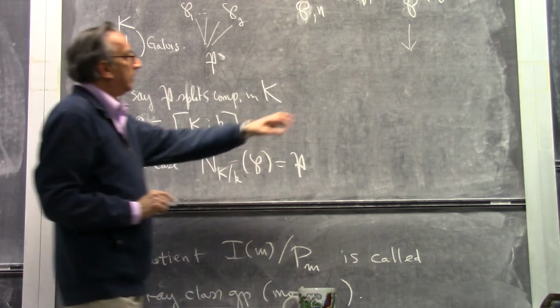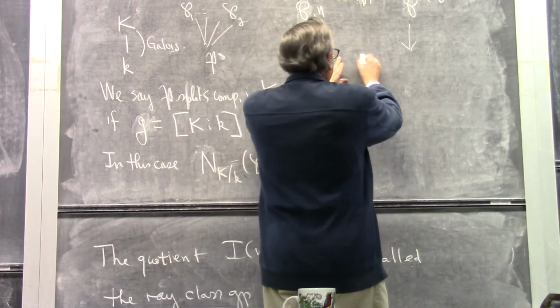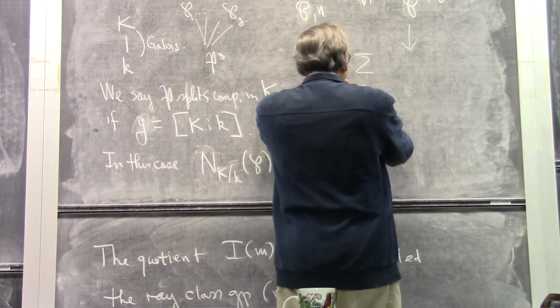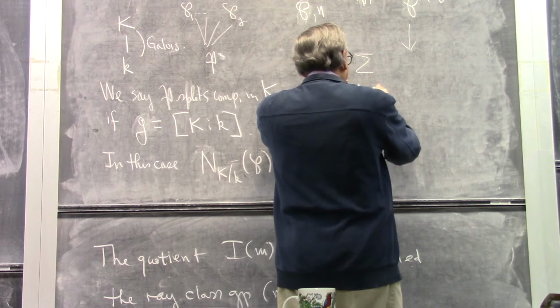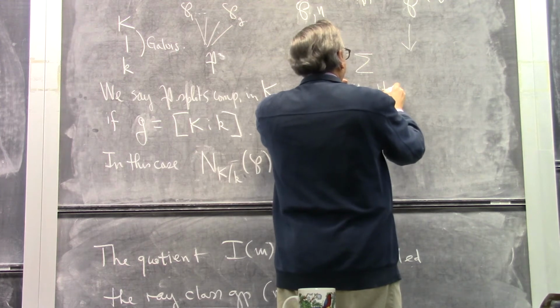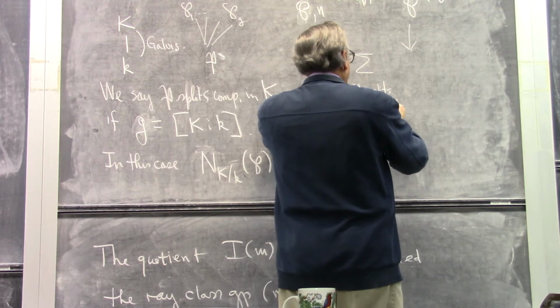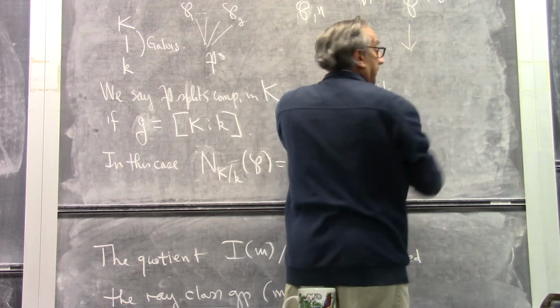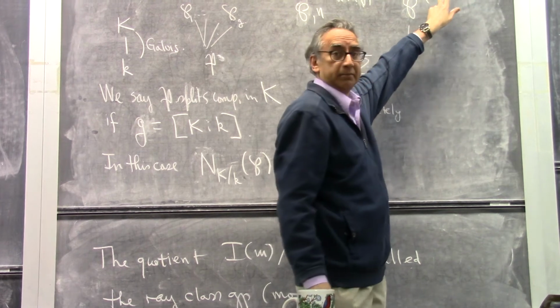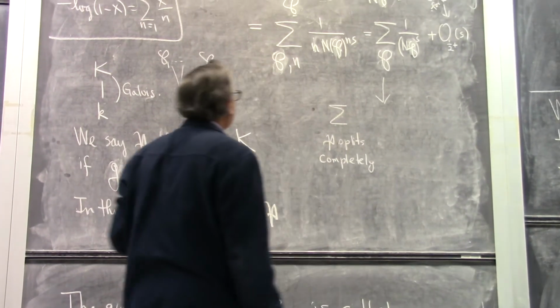Therefore, if I can separate out those primes P that split completely, and of course these are absolute norms here, this is the absolute norm.